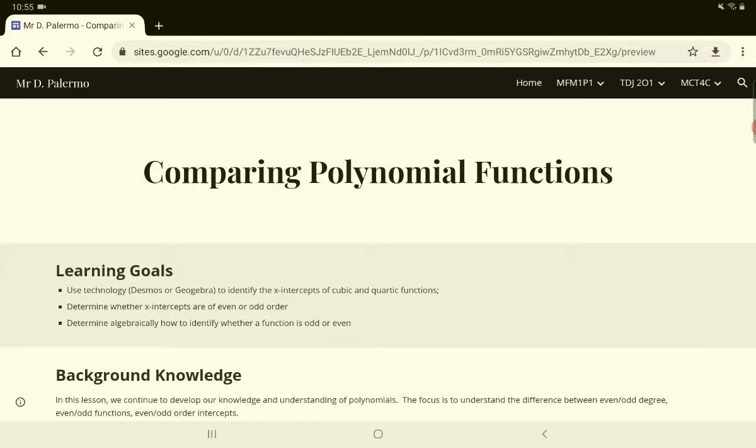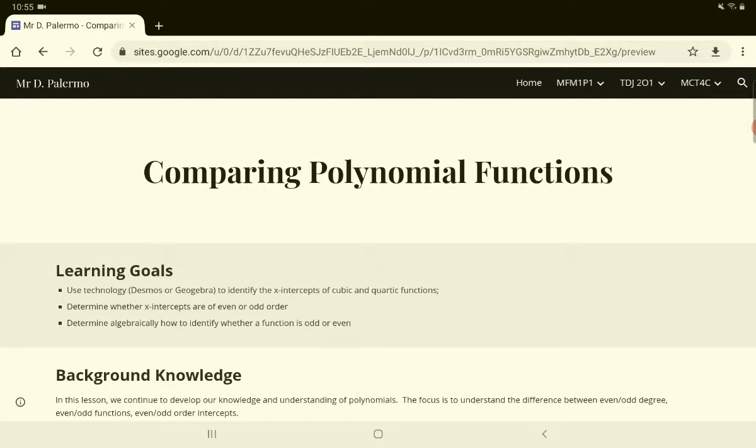One of the things that we have to be able to identify from the factored form equation is the x-intercepts, and what kind of x-intercepts they are. Are they x-intercepts that cross through the x-axis in a linear fashion, or do they touch and then turn back up or down? We'll look at how to identify the type of x-intercept just from the factored form.